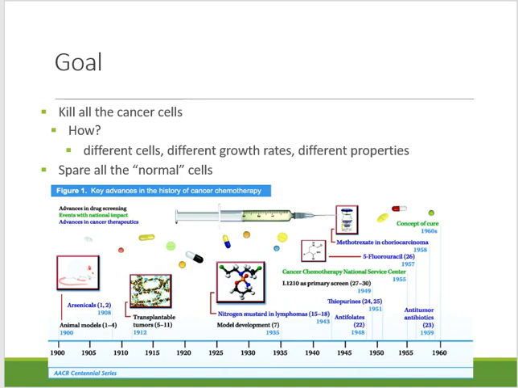You try to cater it to the type of cancer cells and the growth rate they have. As they formulate them now, they're trying to get agents that work more selectively, but for this lecture, we know they don't have selective toxicity like antibiotics do.